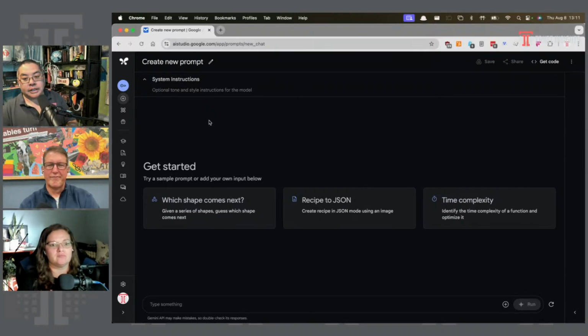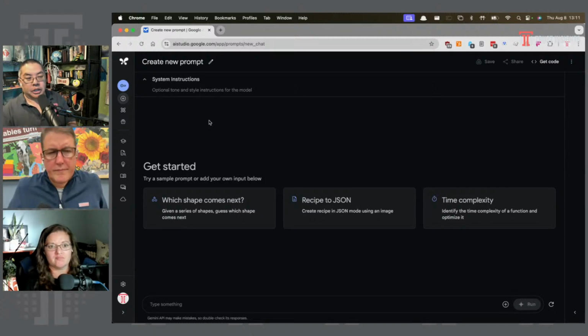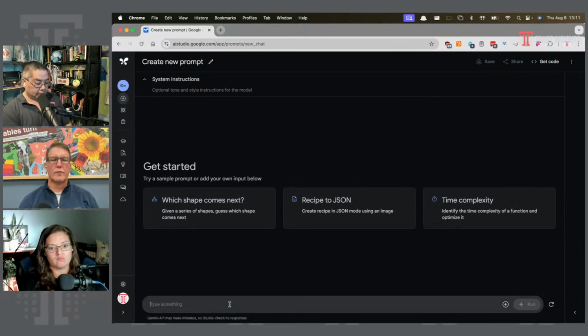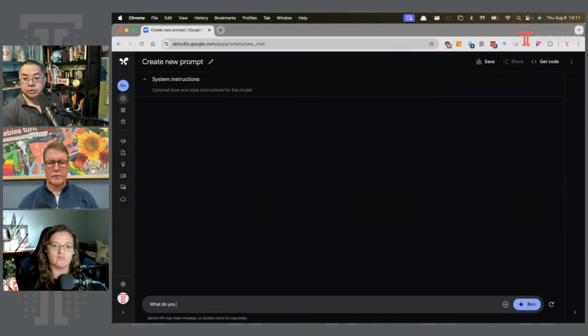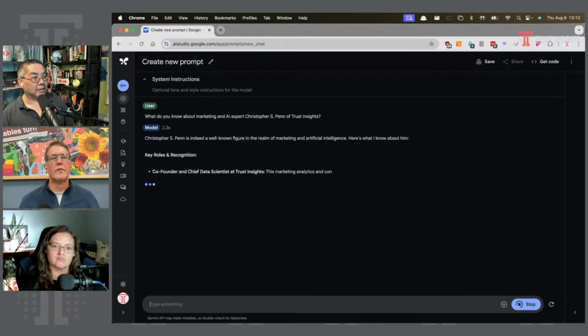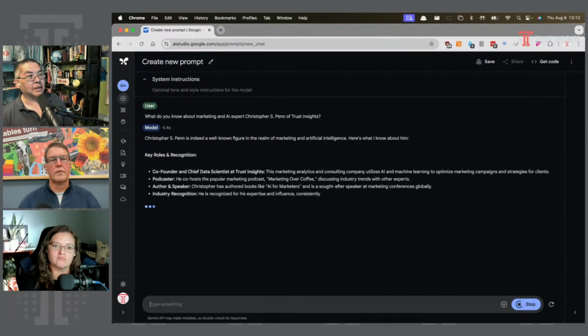So to do this, I'm going to use the Gemini 1.5 model. Again, you can use whatever language model you want. But I'm going to start off by saying, what do you know about marketing and AI expert Christopher S. Penn of Trust Insights? So we're skipping straight to the PAIR framework, the Trust Insights PAIR framework, priming the model.